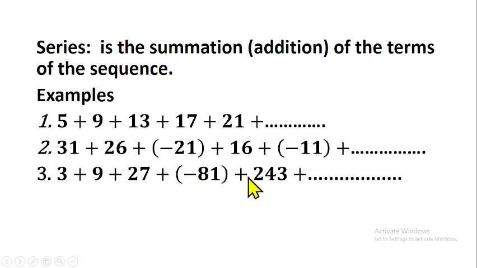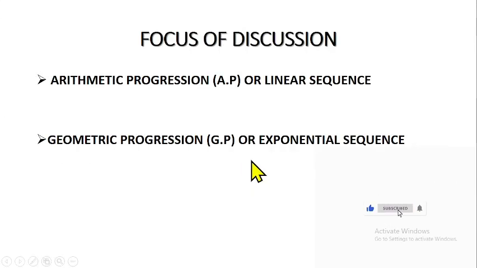For the purpose of this lecture, we are not just going to talk about all the sequences and series that we have. No, that would be too much for the scope of this discussion.